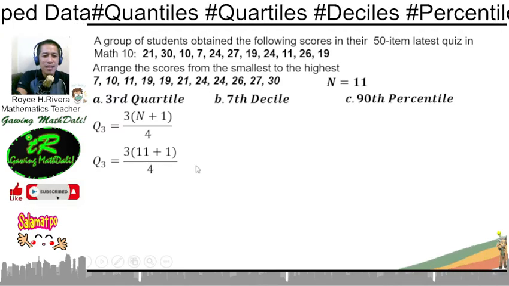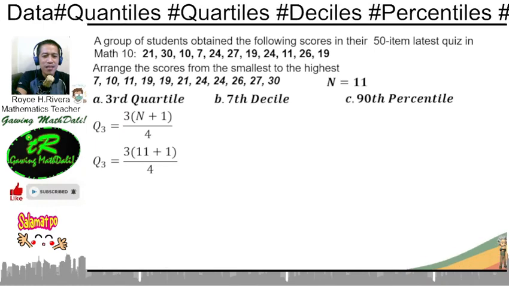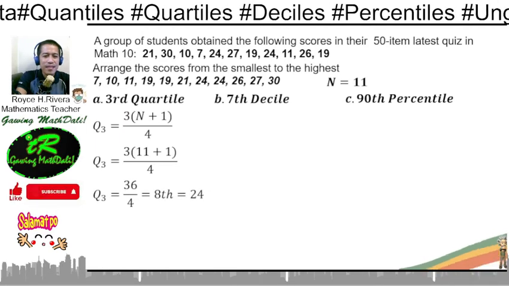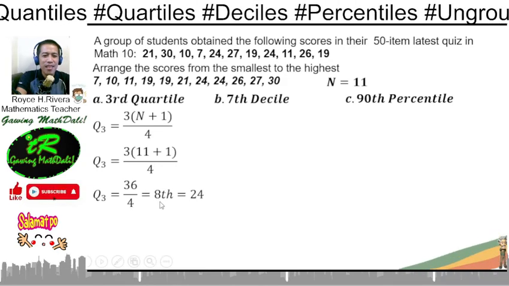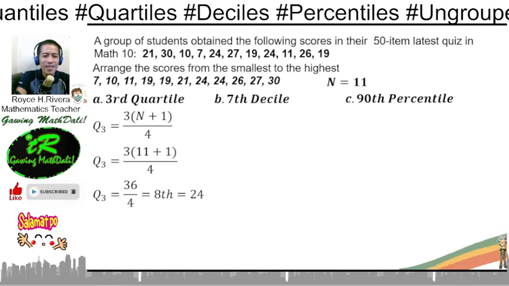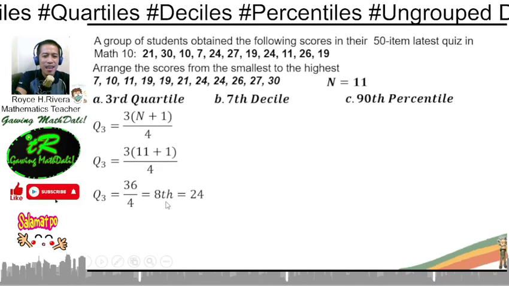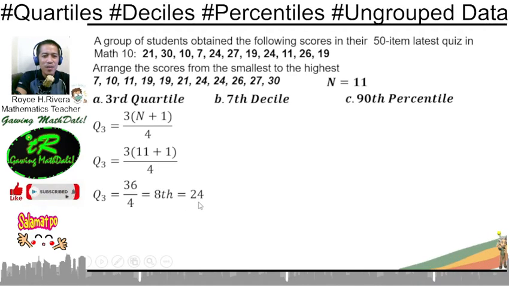So that is 12 times 3. We have 36 over 4. And 36 over 4 is equal to 8. So meaning, quartile 3 is the 8th data, which is equal to 24.